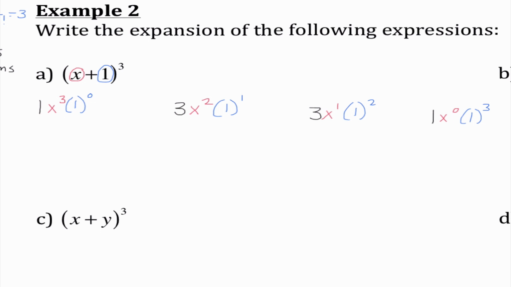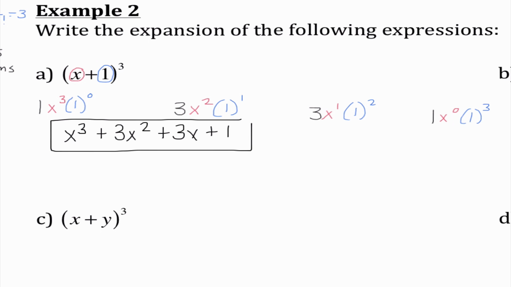So this first one, I have 1 times x cubed times 1, which is just x cubed. 3 times x squared times 1 is 3x squared. 3 times x times 1 squared is 3x. And 1 times 1 times 1 is 1. So our answer would be x cubed plus 3x squared plus 3x plus 1.